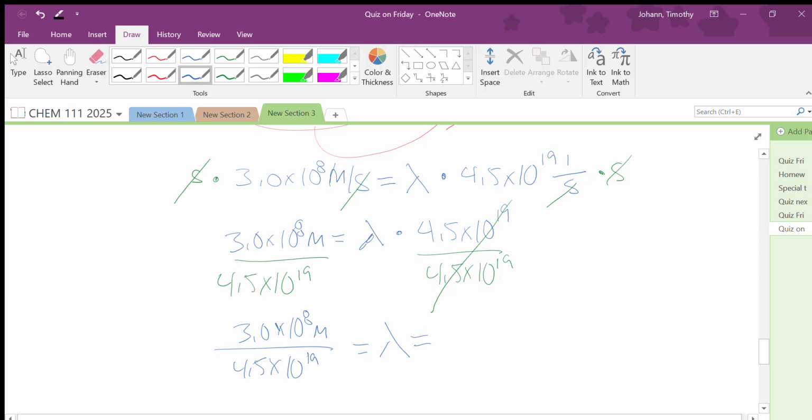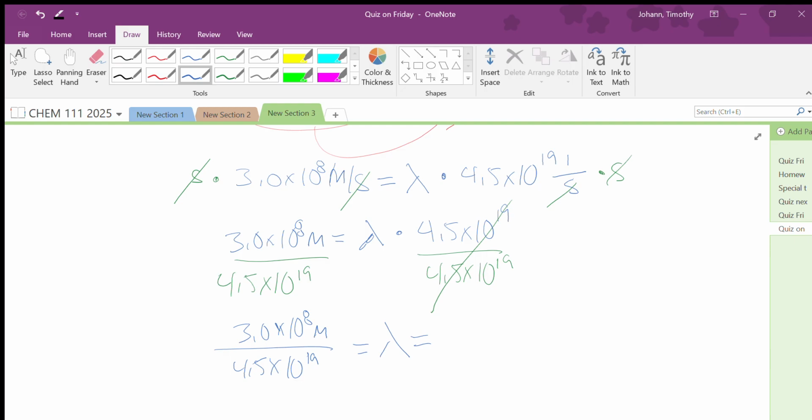And once again, we have another great opportunity to practice using the EE key. I know I'm beating that to death, but every year there are some students who have a hard time with that. Haven't used it before. It's confusing. It is confusing. Okay, what I've got out of that is 0.666666666 times 10 to the negative 12.